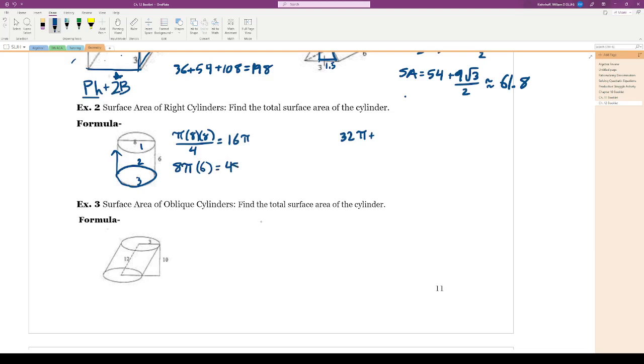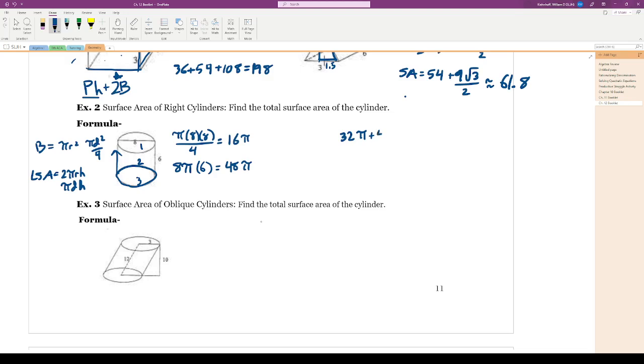So that gives us 48 pi for the lateral surface area. So the base is pi r squared, or pi d squared over 4. And then our lateral surface area is 2 pi r h, or pi d h, depending if we're thinking about diameter or radius. Same formula, just different format.